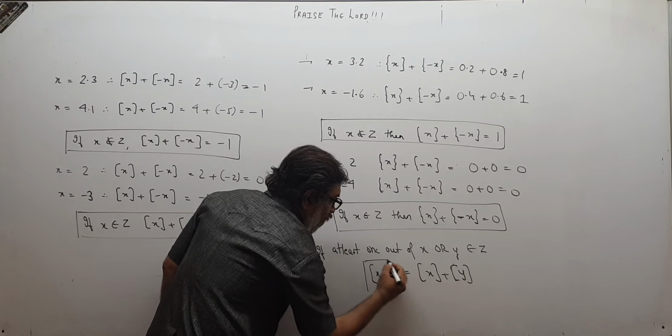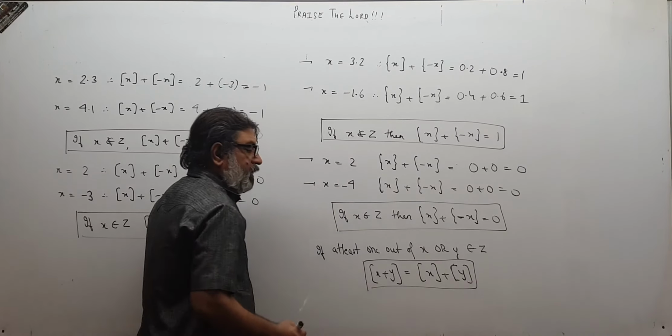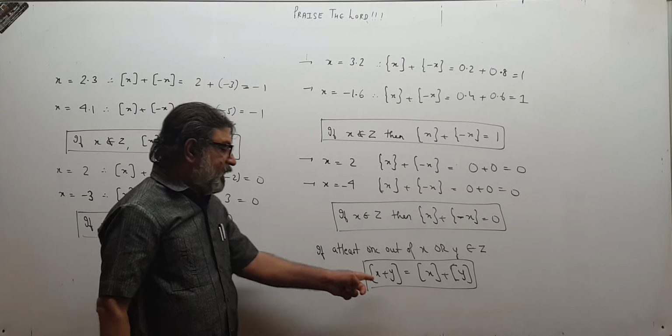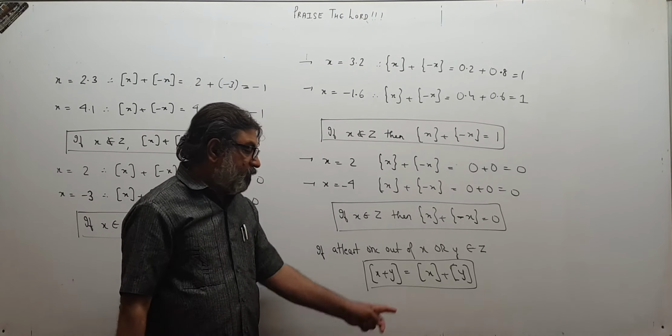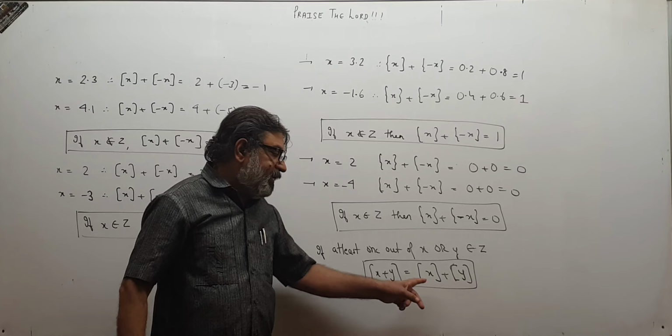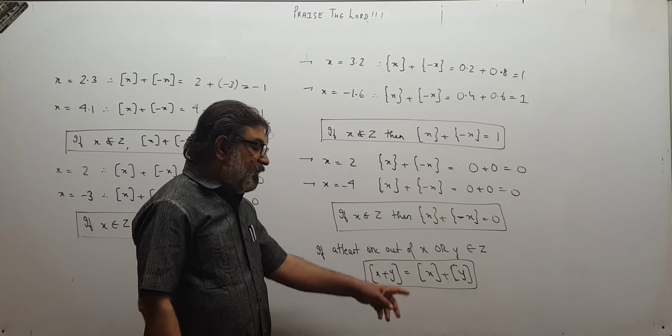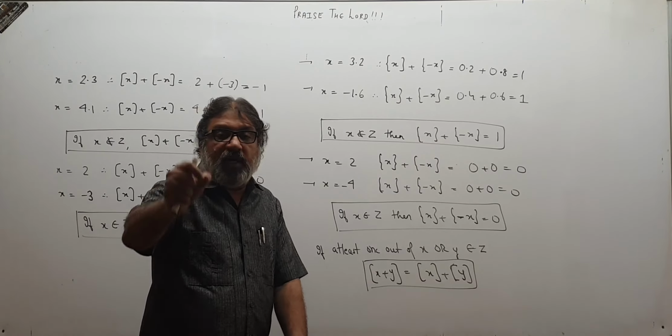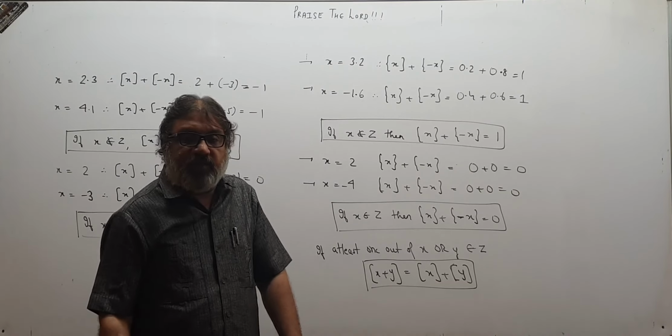At least one should be an integer, then only that can be split up, otherwise they cannot be split up like this. Always we cannot write integer of x plus y as integer x plus integer y. We can write this only when at least one out of x and y is an integer.